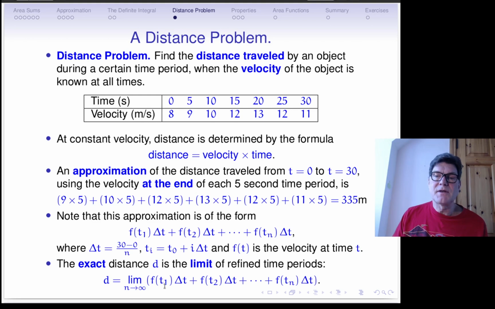The limit as n goes to infinity then would be an exact description of the distance d traveled. It's a different problem solved in the same way through a formula that serves for us as a definition of the definite integral. We'll see more applications of definite integrals beyond just area problems.